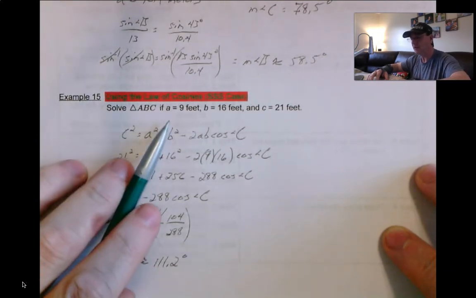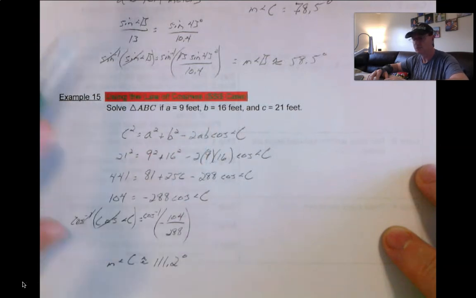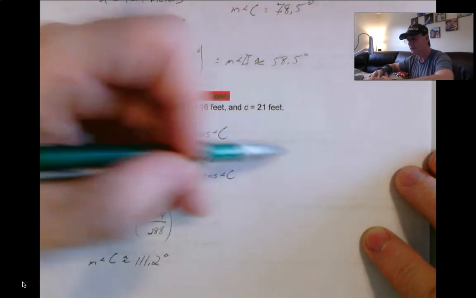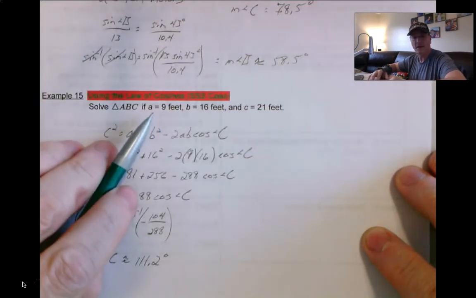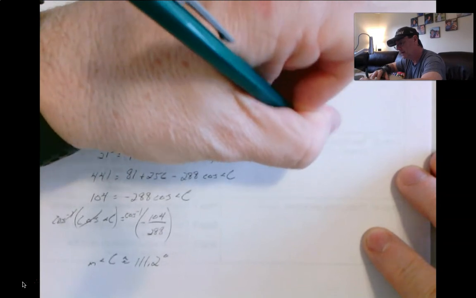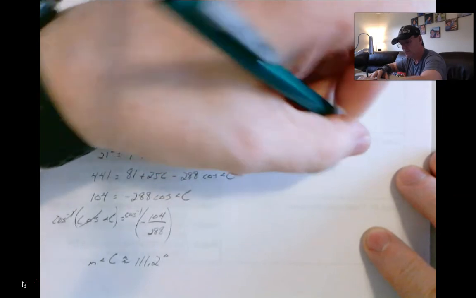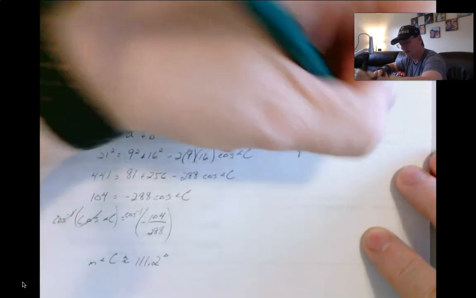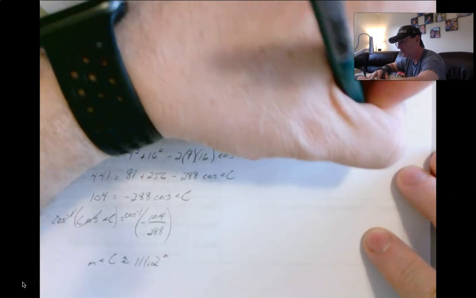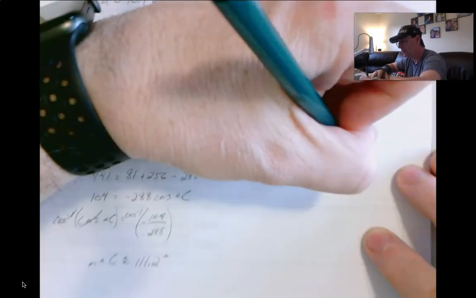At this point, I can go for angle A or angle B next. Doesn't matter which one. I'm going to be using law of sines. Slide over here, and I'm going to use law of sines over here. I'll go for angle A first. Sine angle A over little a, 9, equals sine of angle C, 111.2 degrees, over little c, which is 21.